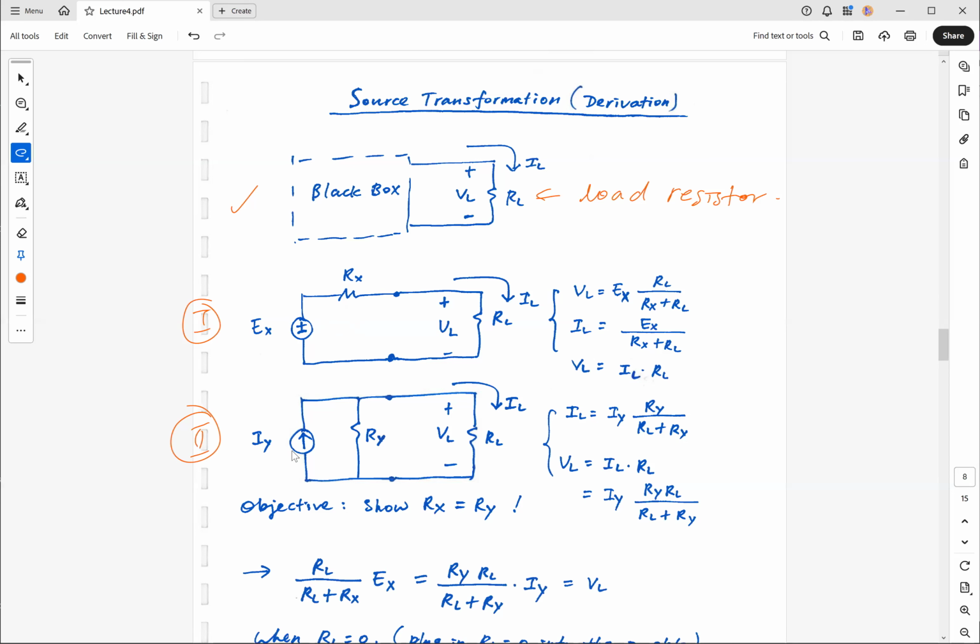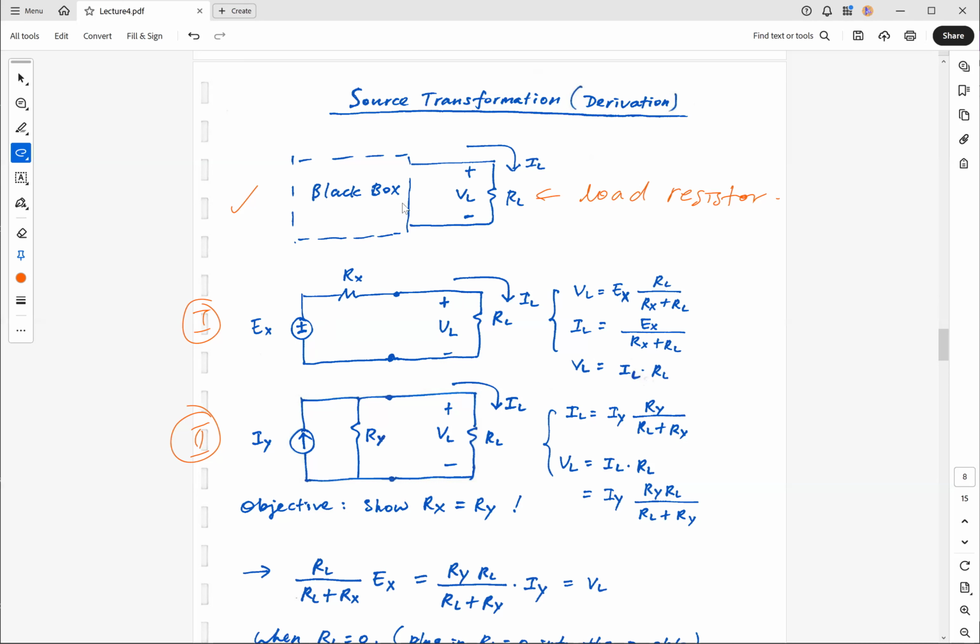In circuit number 2, I have a current source, which I call Iy, and this is connected in parallel with another resistor called Ry. Notice that over here I use Ex instead of Vx, but these two are equivalent. So E in this context is equivalent to the voltage source, as indicated by this symbol here.